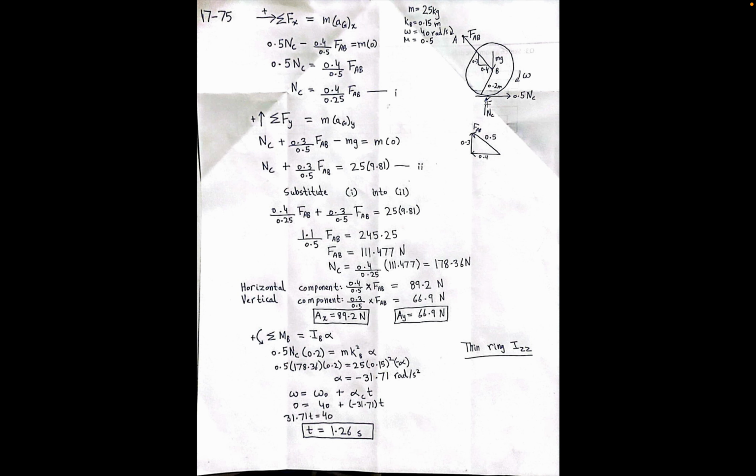We cannot take NC or mg because they are in line with the center of the wheel and they are in the vertical direction, so the horizontal perpendicular distance is 0, so that's why you cannot take NC or mg in this equation.